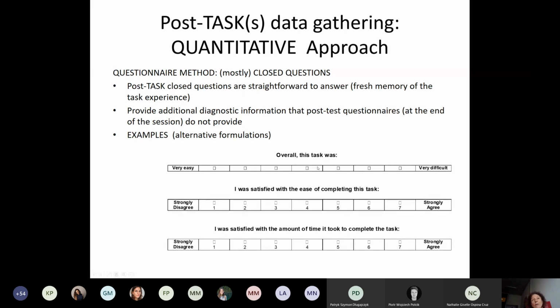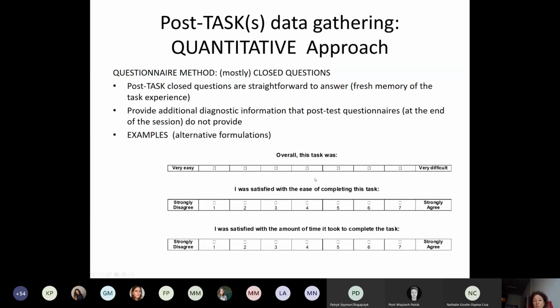So even though they think that this was not very easy, they tend to put the scores in the middle. They tend to not say I strongly disagree, I strongly agree, but say I disagree, I have mixed feelings. So they click in the middle.